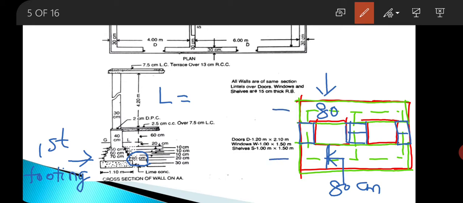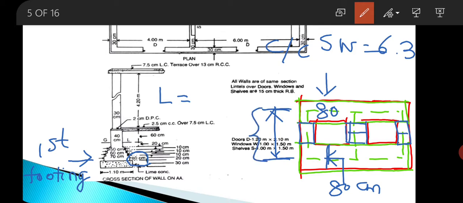The center to center length of short wall, as we have already calculated, is 6.3 meter. This will remain constant for all the items of work. This 6.3 meter is the center to center length, but we want to calculate this portion.